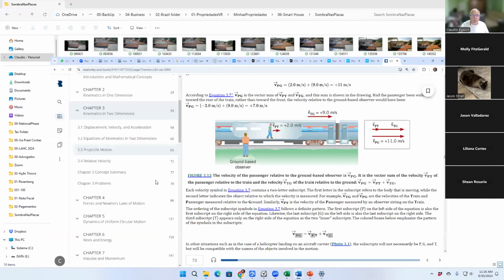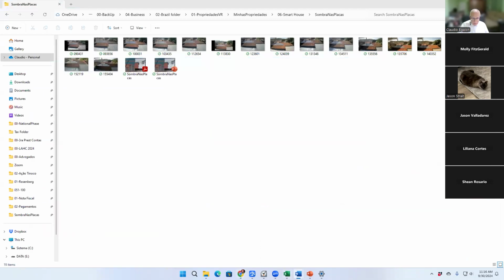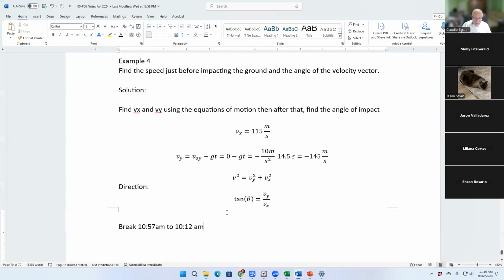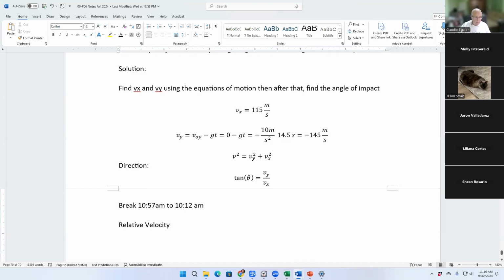Let's, all right, here, relative velocity. A very important concept, okay? Very important concept.